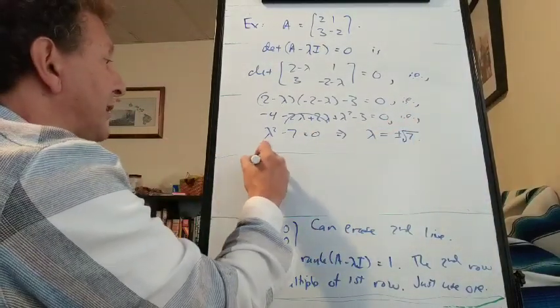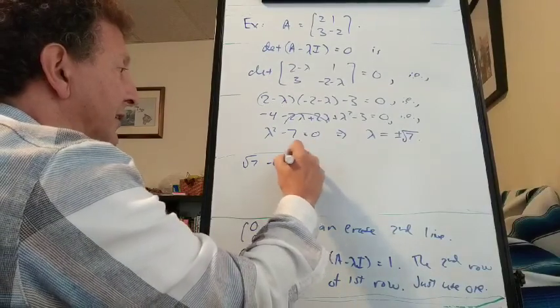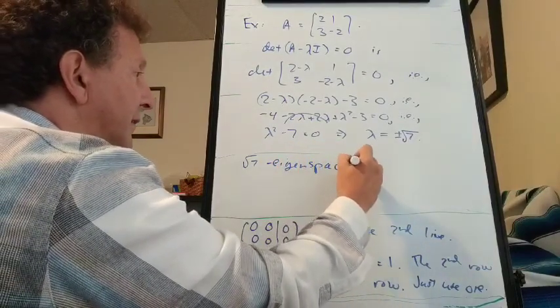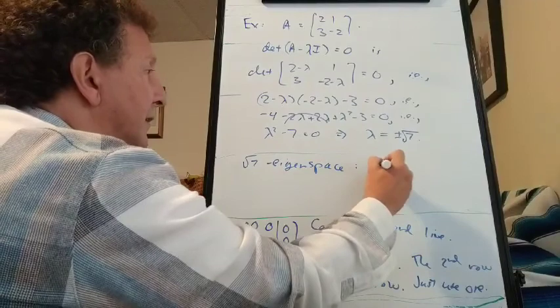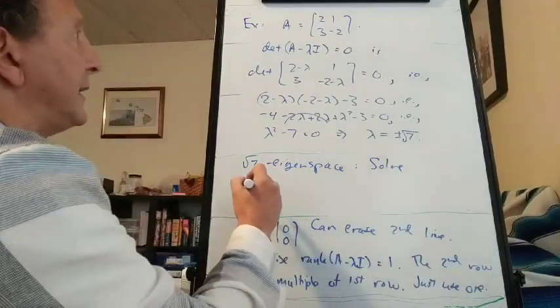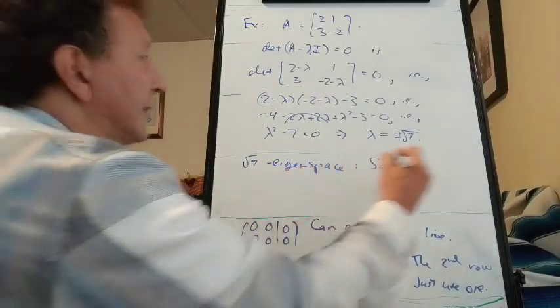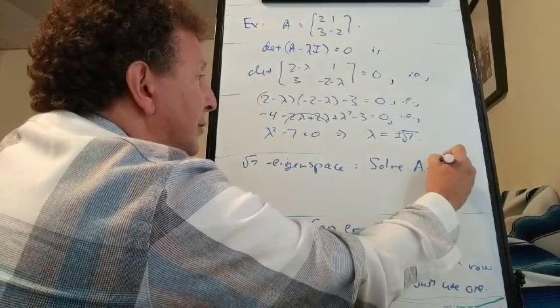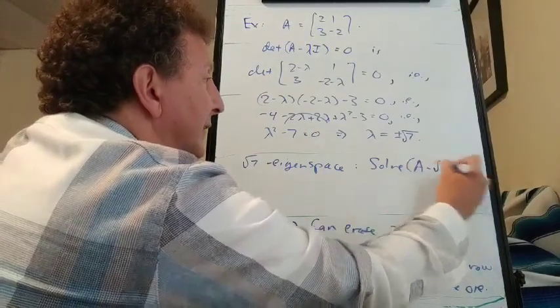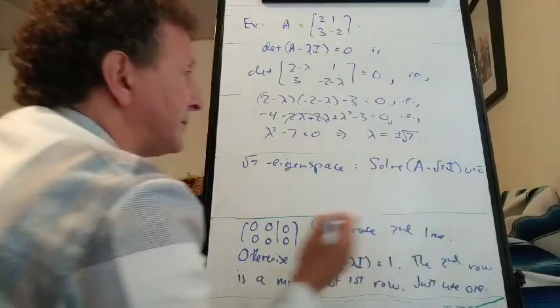So now if we look at the plus root 7 eigenspace, we'll solve A minus root 7 I v equals 0.